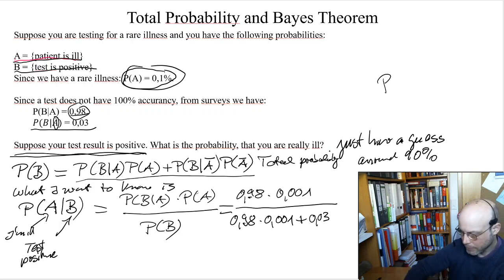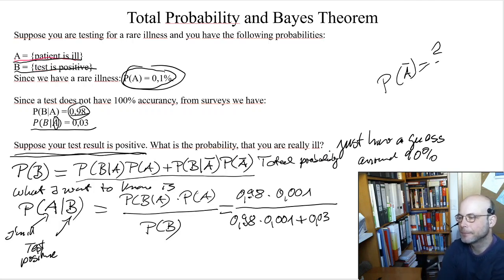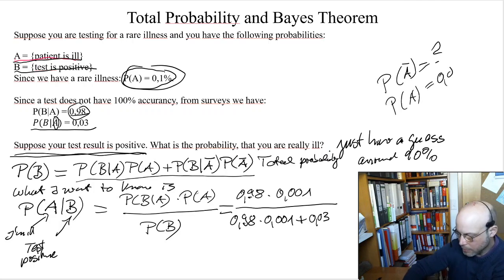So what we still need is P of not A. We know P of A is 0.001. Yes, and this is then 0.999.